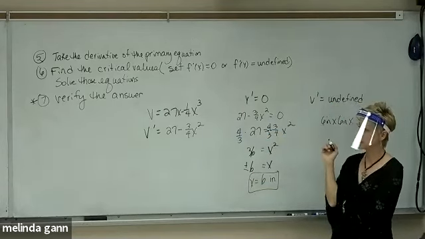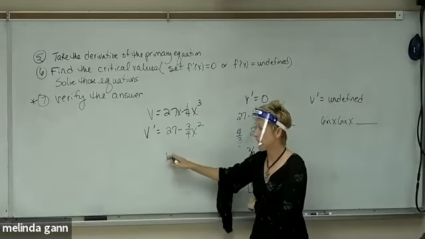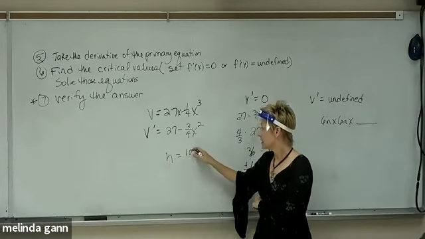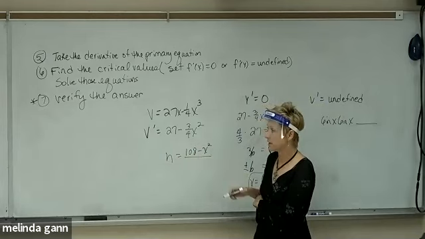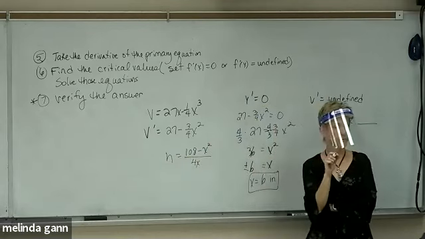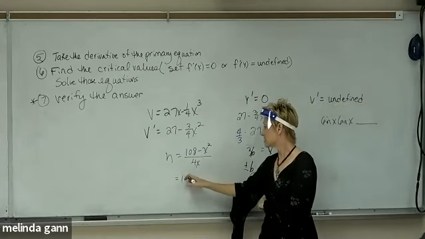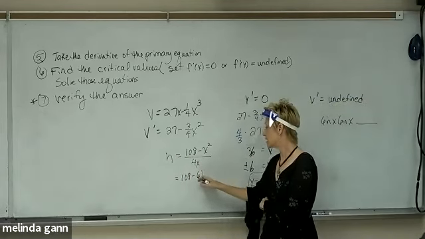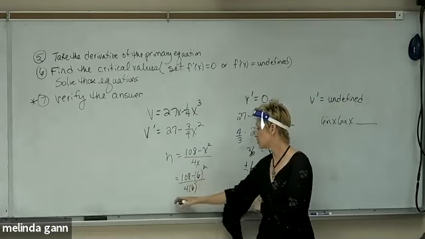Go back to that substitution that you had. Didn't you say over there that h was 108 minus x squared over 4x? Do we agree? So I know x is 6. So 108 minus 6 squared over 4 times 6. All right, you got your calculator.